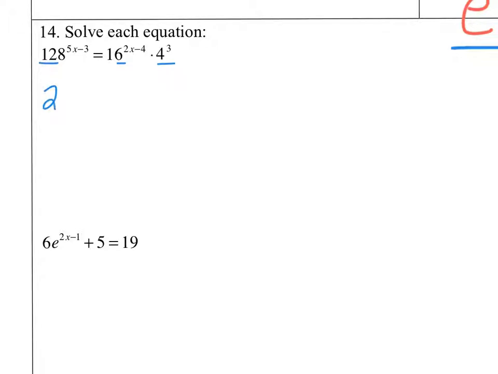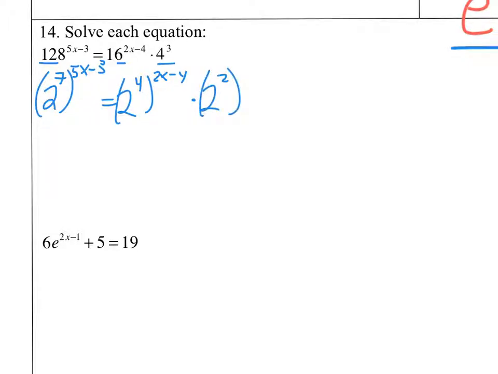128 is going to be 2 to the 7th, to the 5x minus 3. 16 is going to be 2 to the 4th, to the 2x minus 4. And 4 is 2 squared, to the 3rd.